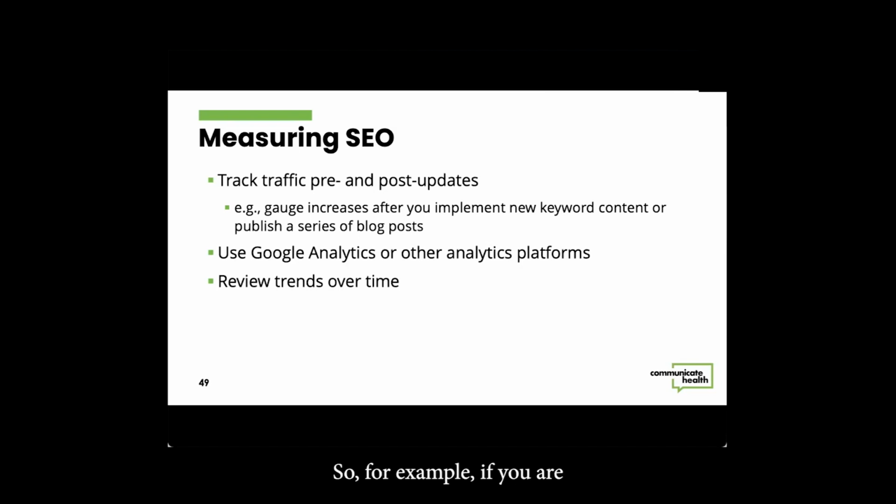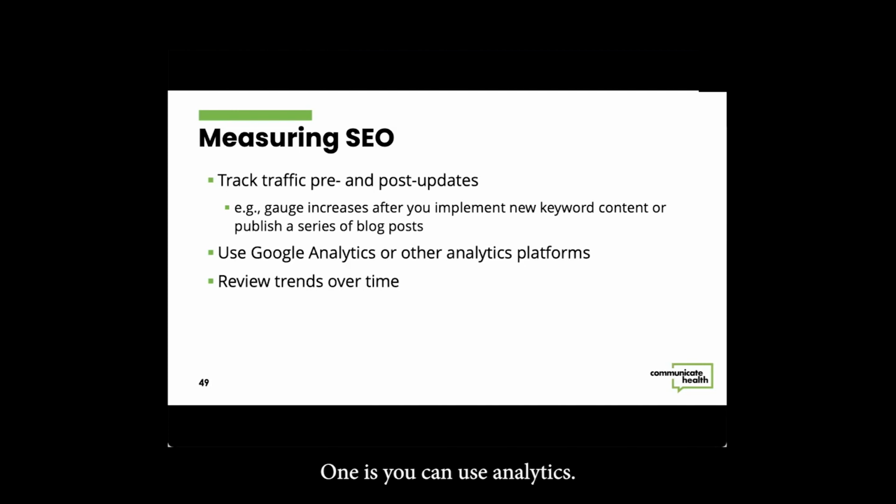So for example, if you are improving your site navigation and making changes to the information architecture, or you're doing an audit of content and you're going to do a plain language audit and update your page headers and content to infuse those keywords, make those headers actionable. There's a couple things you can do.